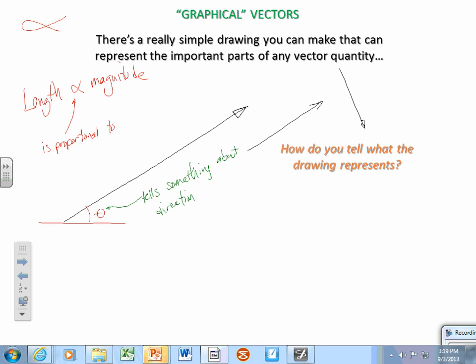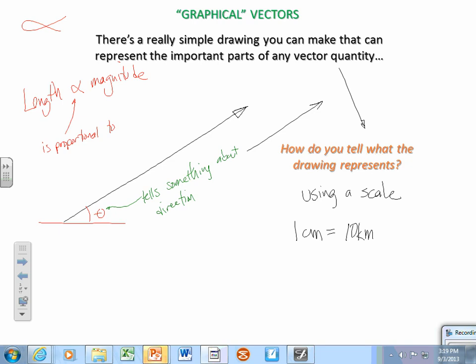Now, how do I tell what kind of vector quantity this is? We're going to tell by using a scale. For example, I could say something like, every centimeter of length of that vector represents, let's say 10 kilometers.